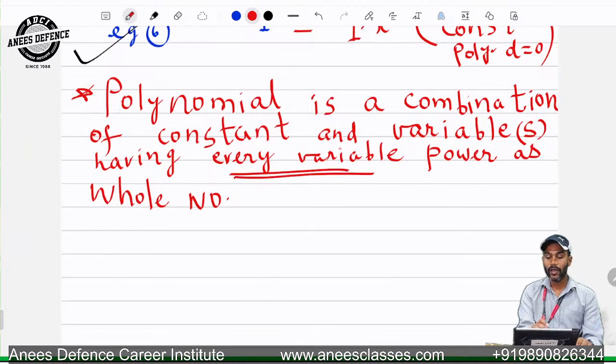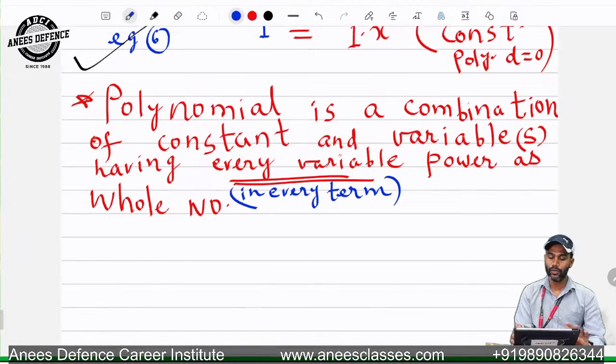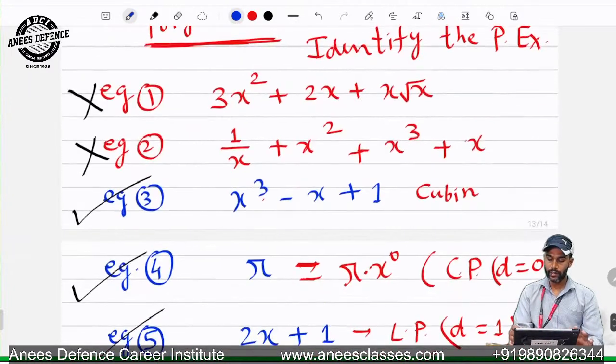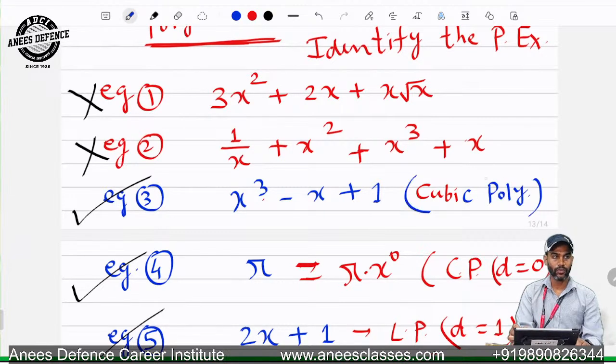The power should be a whole number. So here you can see this is nothing but a cubic polynomial. Yes or no? Yes, sir. Cubic polynomial with degree 3.